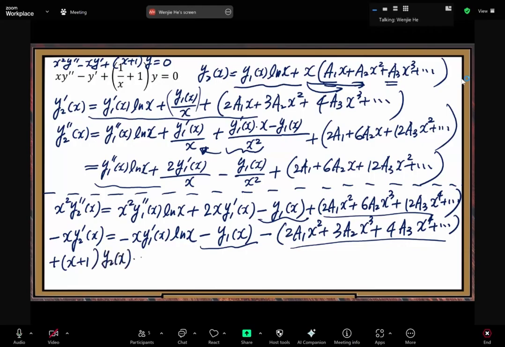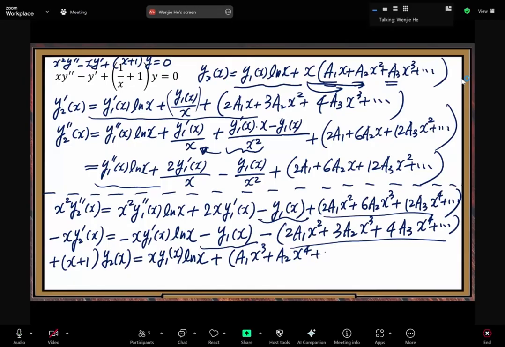y2. So using this, x y1 natural log, plus inside, A1 x cubed plus A2 x to the fourth.